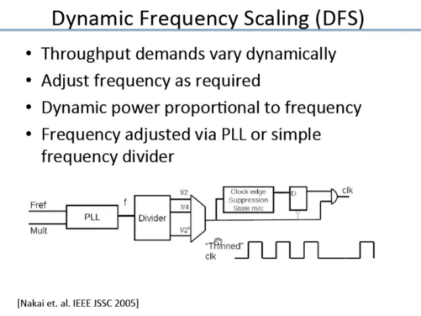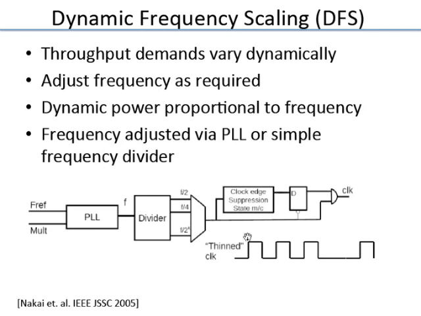Now similarly, between any two boundaries, say between f by 2 and f by 4, any other frequency in this scheme, you have to use the voltage of f by 2, because you can end up with clock edges which are running at a period of the f by 2 clock.